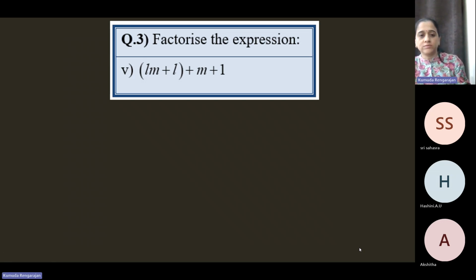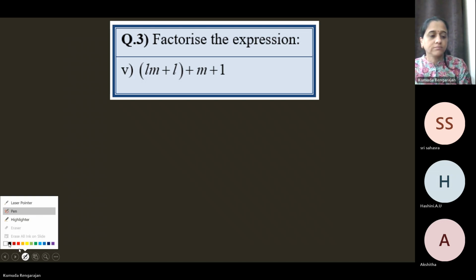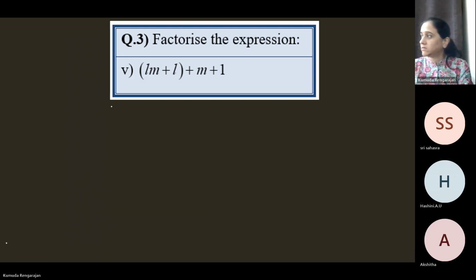Yeah, that's the next one. What's common? L, M plus L. Then M plus 1.